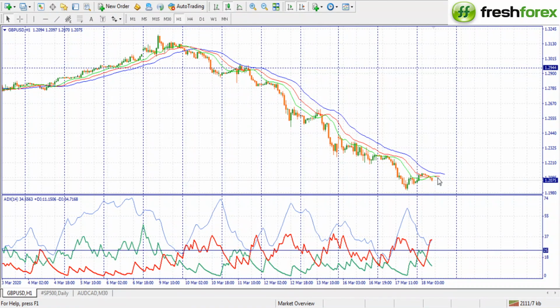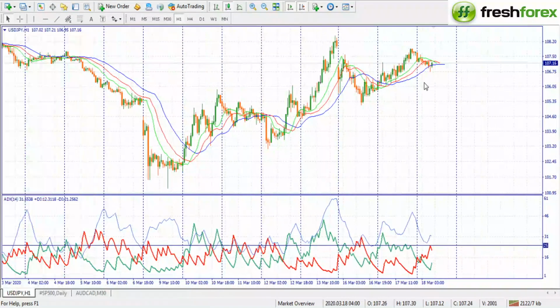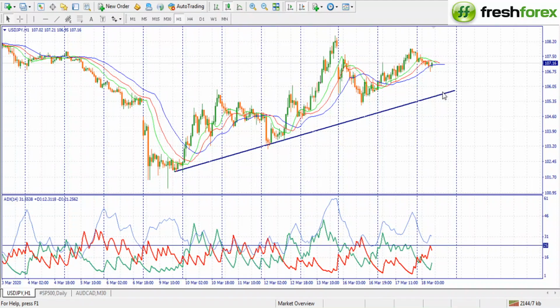So we'll move forward. Let's see what we have on the next symbol, USD JPY. So this is upwards. We have a very good uptrend. As you can see, the price continues to move to the upper side. We have that, and then you also have this one. So if you are to draw, these are very good trend lines which indicate the possibility that the price may continue to the upside.